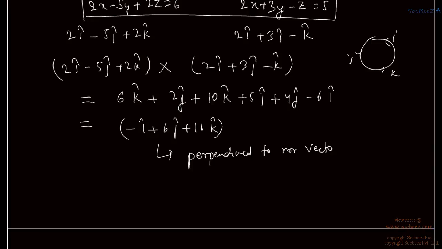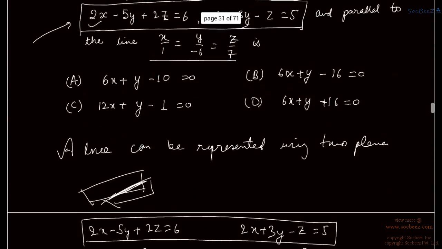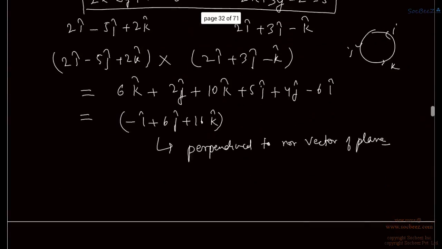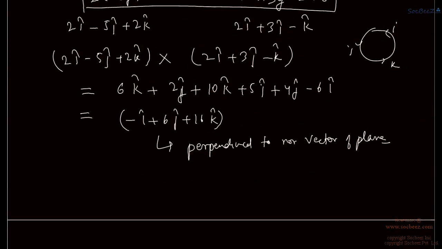This vector must be perpendicular to the normal vector of the plane, right? And since this line is also parallel to the plane, the vector 1, minus 6 and 7, that is i minus 6j plus 7k. Okay.